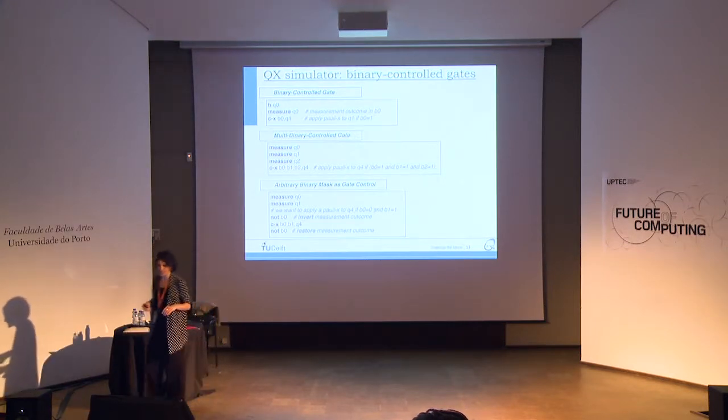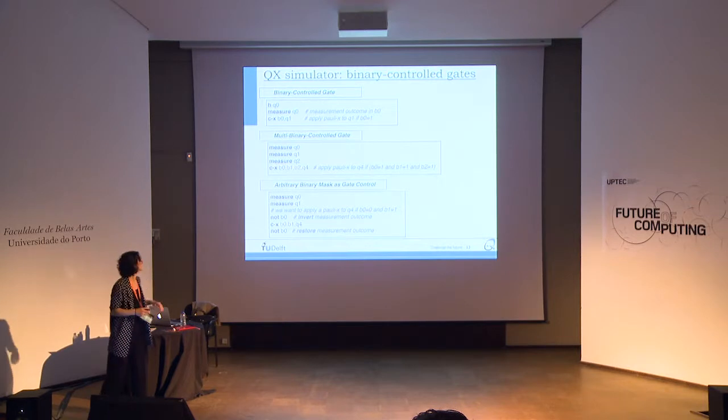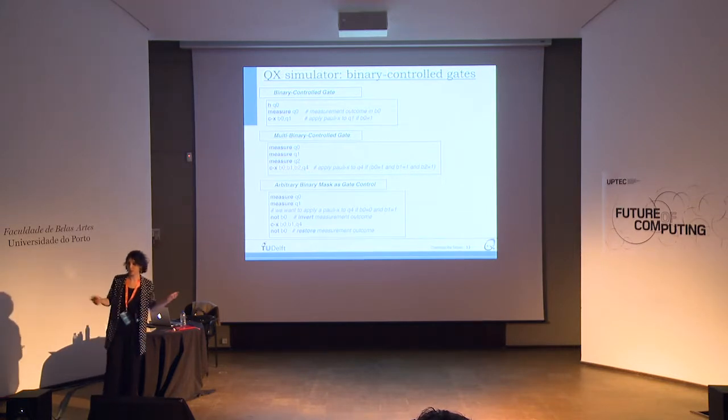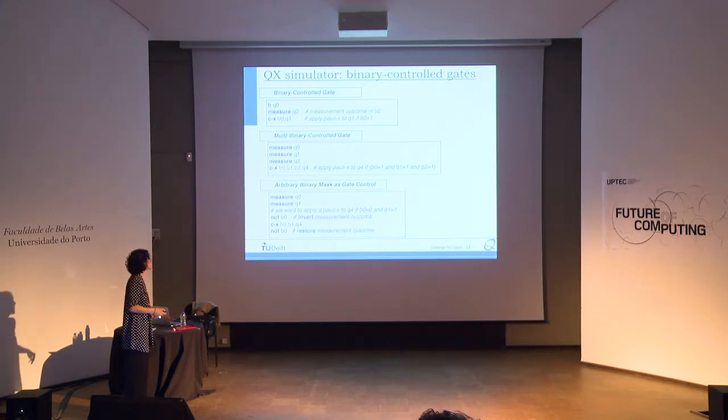Then you also have multi-binary control gates in which I measure several qubits, and depending on the measurement result, if the result of all these qubits is 1, then I do an X gate on qubit 4, or whatever qubit we want.